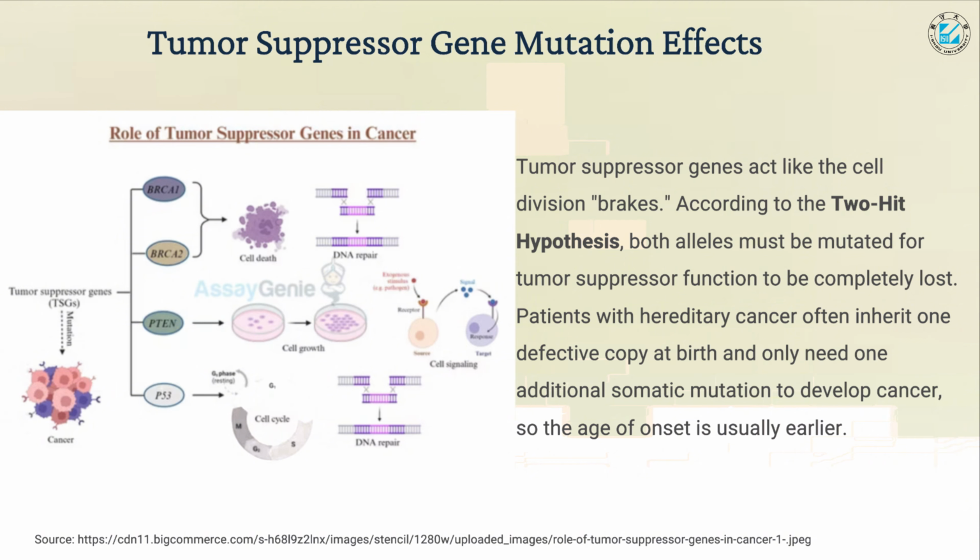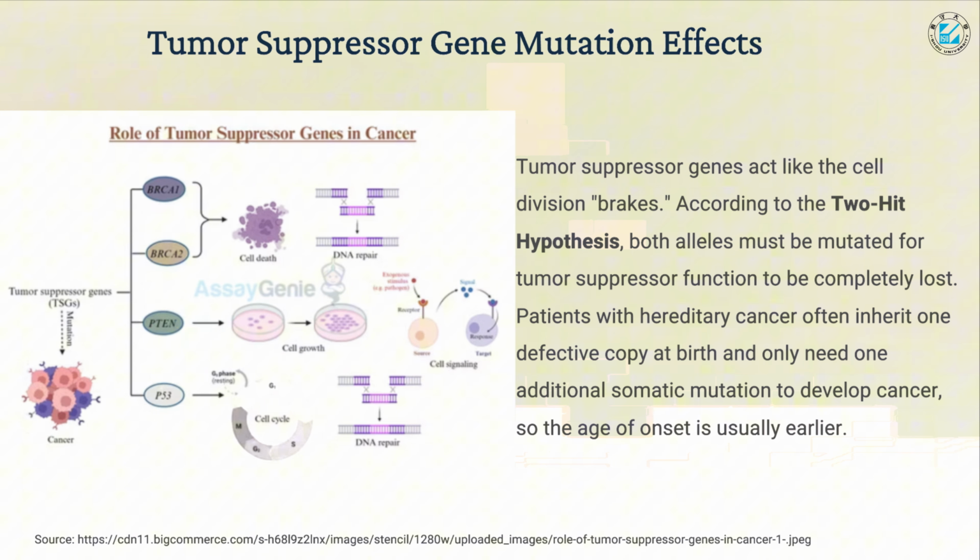The two-hit hypothesis explains how tumor suppressor genes are inactivated. Because humans have two copies of most genes, both alleles of a tumor suppressor gene usually need to be mutated or lose function before the protective function is completely removed.